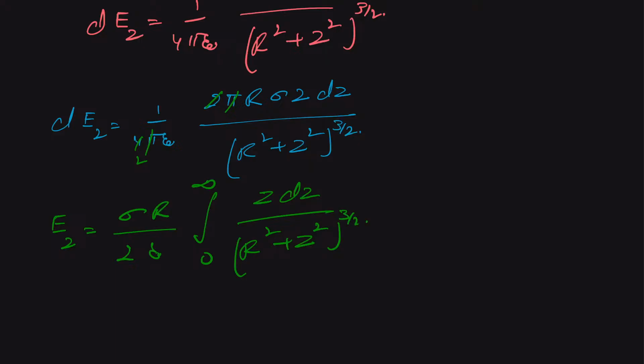Once again we can assume that this denominator r square plus z square is equal to u, so the derivative will automatically give us this z dz, obviously multiplied by a constant, so that will be much easier to solve. So you can say the electric field will come out as sigma r upon 2 epsilon naught, and this comes as 2 upon r.